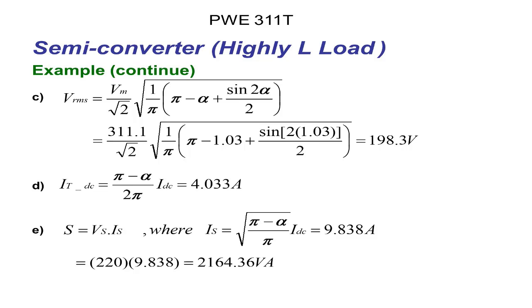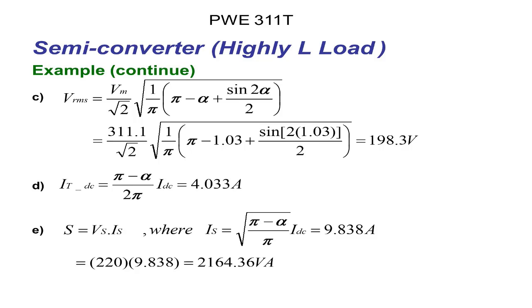Then the diode or thyristor current is pi minus alpha over 2 pi times IDC, which is 4.033 amps. Then apparent power input is VSIS, where IS is the square root of pi minus alpha over pi, multiplied by IDC.